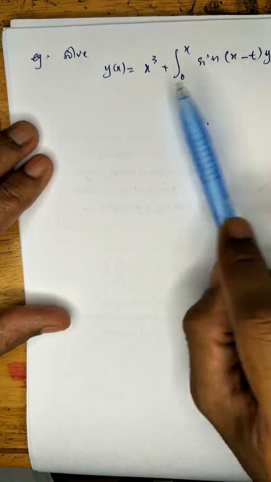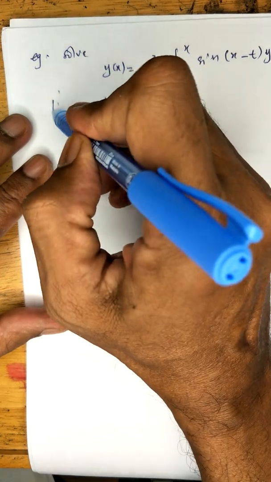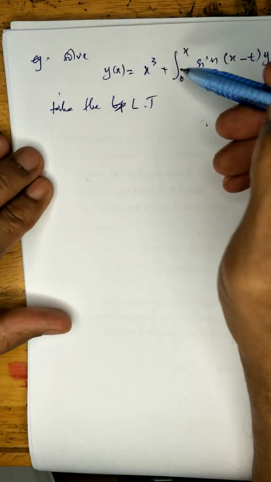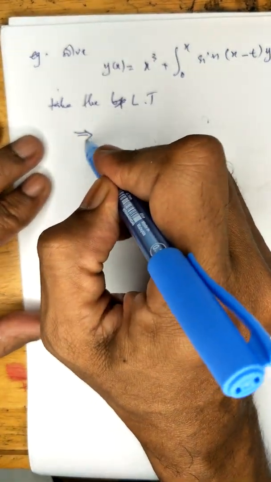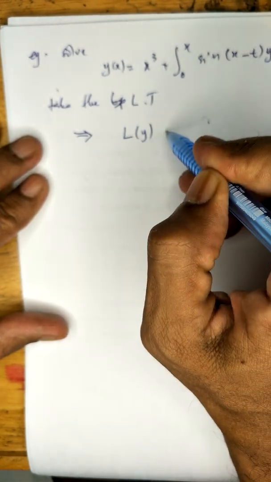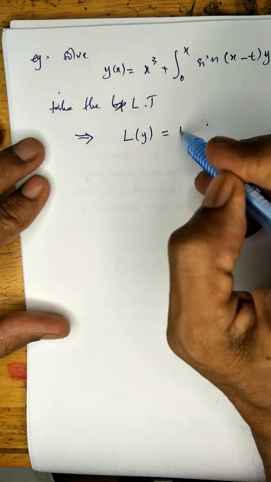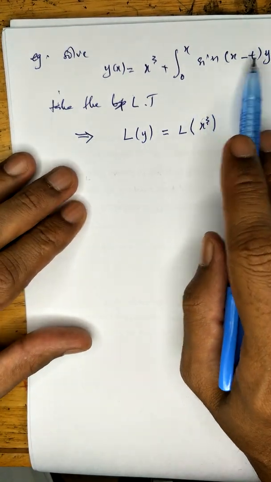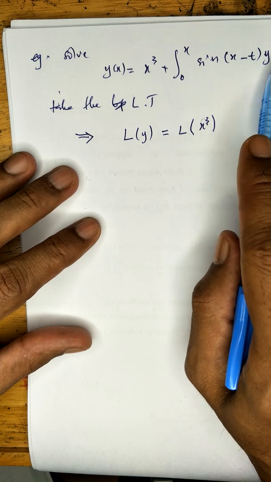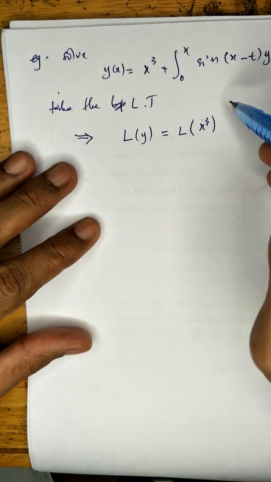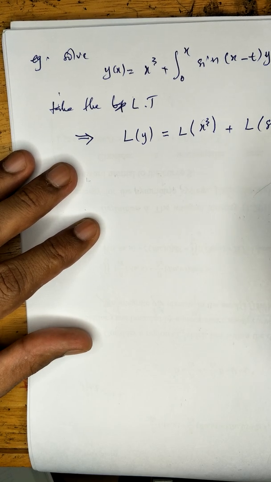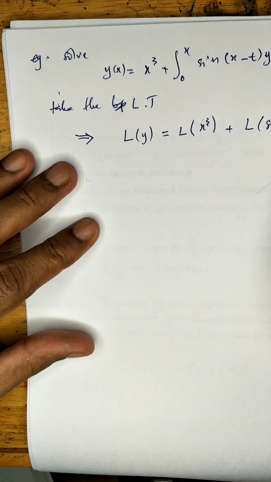If you take the Laplace transform, we have the Laplace transform of y equal to the Laplace transform of x cubed, plus the Laplace transform of sine x times the Laplace transform of y.